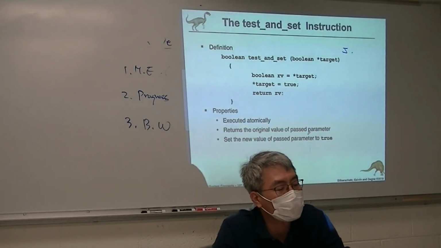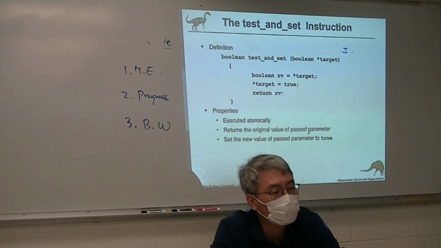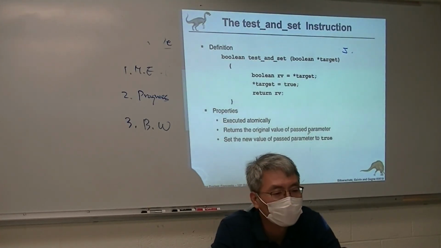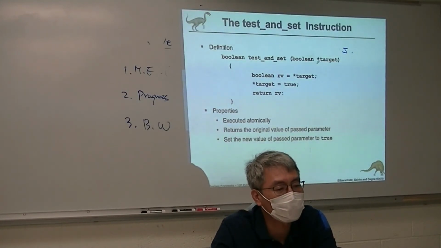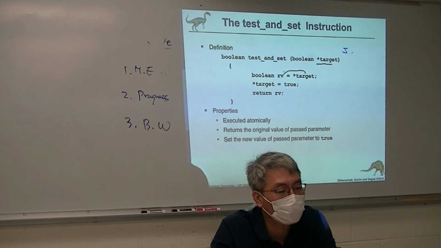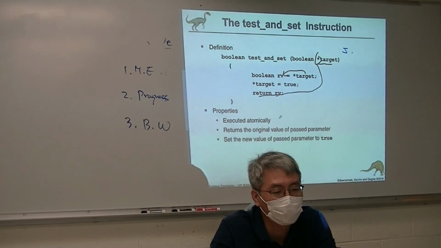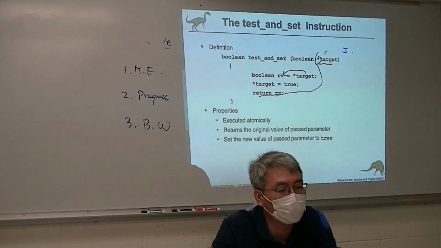First, this is the pseudocode of test and set. If you take a look at the pseudocode, there's an input. The input is the value. The target will be RV, a boolean, true or false. And it returns RV, which means the input will be returned. If the input is true, the output of test and set will be true.